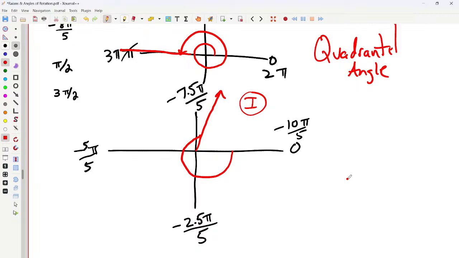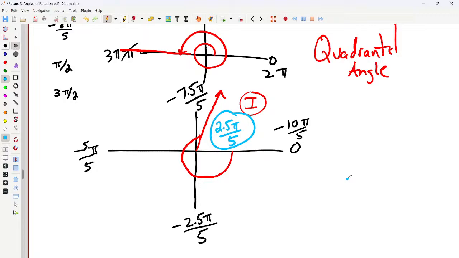What's the reference angle? What completes this? What would finish this? Negative 2.5, positive 2.5, 2.5 pi over 5. It's positive always. We need 2.5 pi over 5 more. My bad.